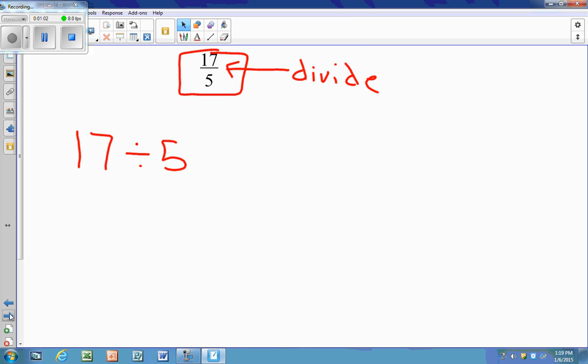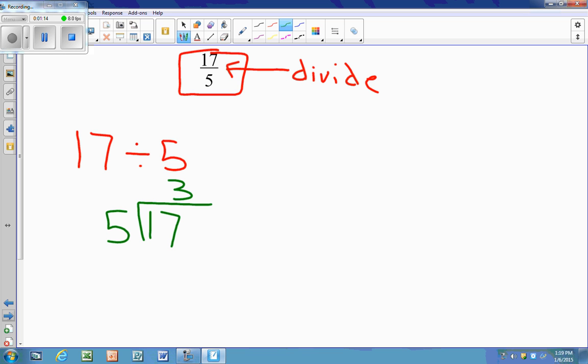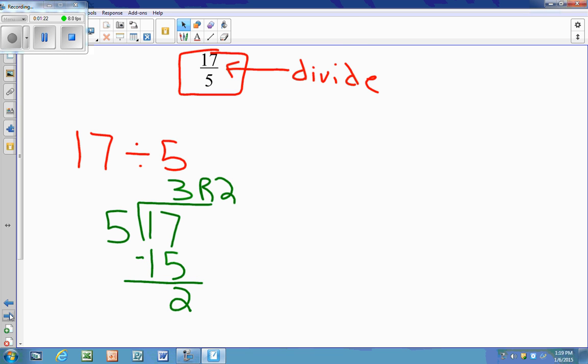So when we do 17 divided by 5, we're going to do that right down here. 17 divided by 5. We know that 5 can go into 17 3 times. We subtract and we have a remainder of 2. And now we're trying to figure out, why do we have all these numbers again as our reminder?